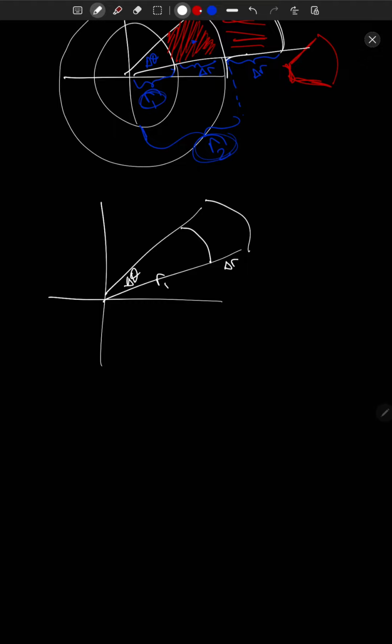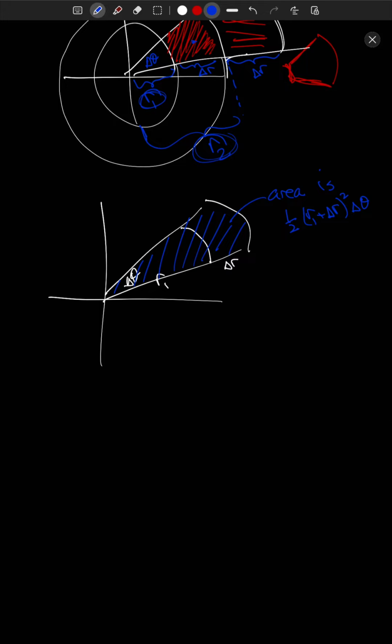So the area of the entire region here is 1/2 (R1 plus delta R) squared times delta theta. That's just the formula for the area of a sector of a circle.